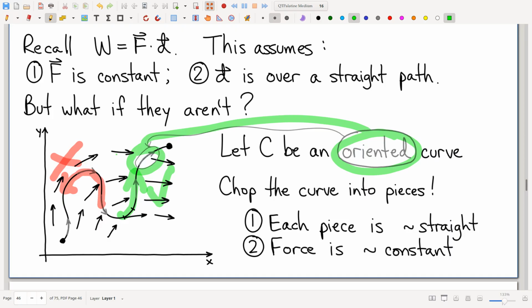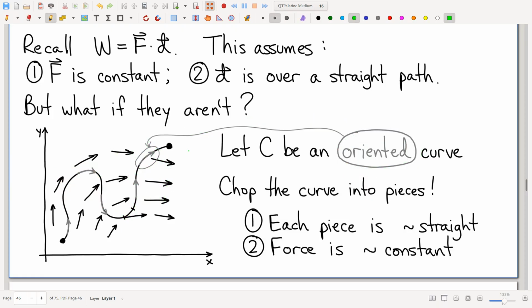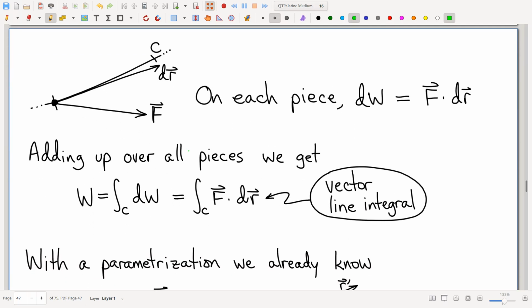And the choice of which direction we're going along the curve is what we call an orientation on the curve. It's just a notion of, wait a minute, which way along the curve? I understand along the curve, but there are two different ways along the curve. Which one is it? So that's what we call an orientation.